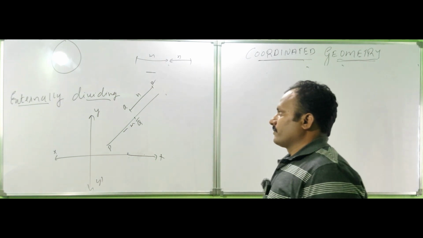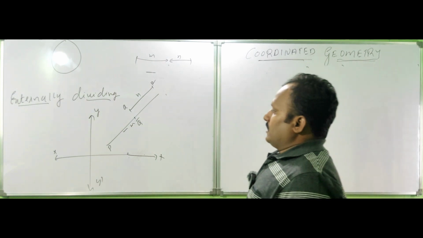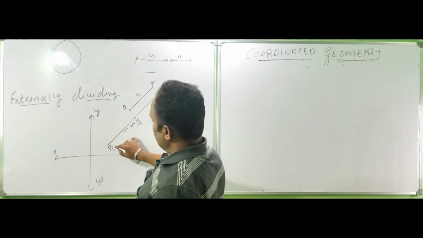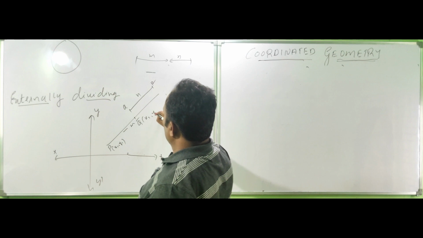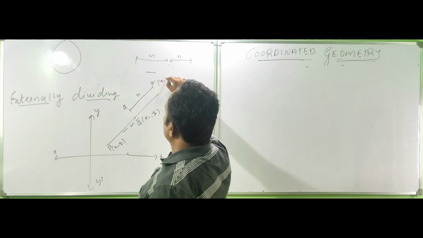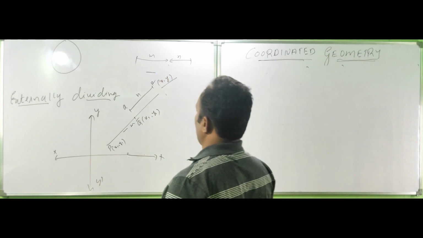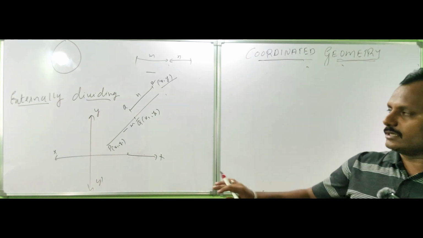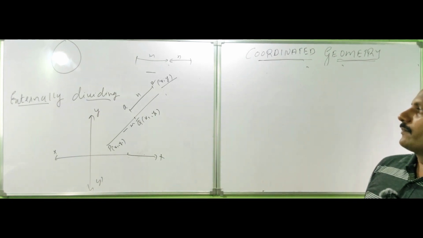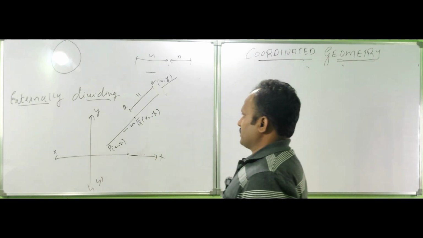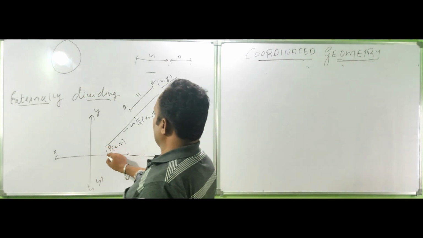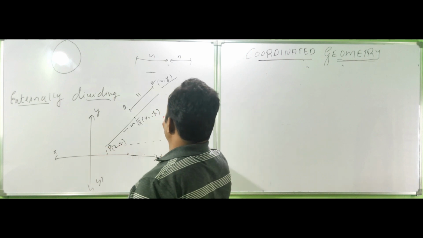Similarly, here the point is x1 y1, this is x2 y2, this is x and y with another point. Externally means RQ is a separate line. Let's see. Again, I am making some right angle triangles for the distance formula.